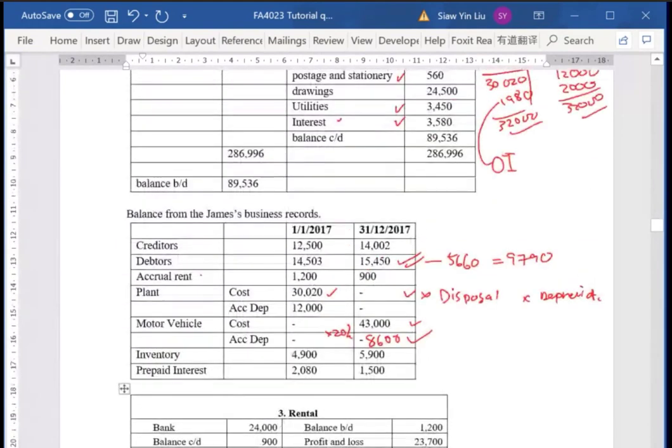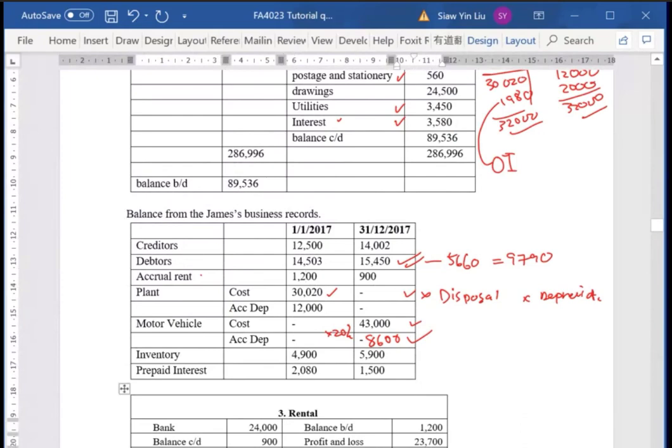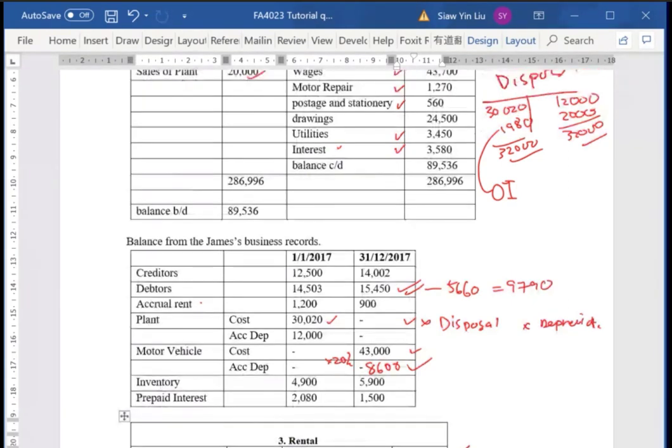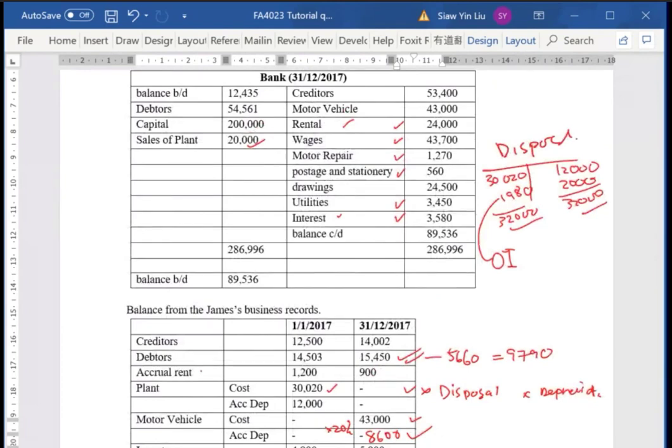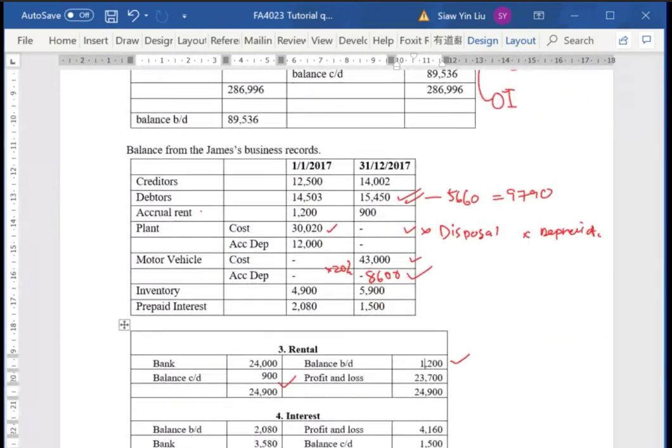If you look at rental, opening accrual is on the credit side, 1,200, and then closing is 900, plus current year payment 24,000. So here we record bank payment 24,000. So in your P&L you should only record 23,000.